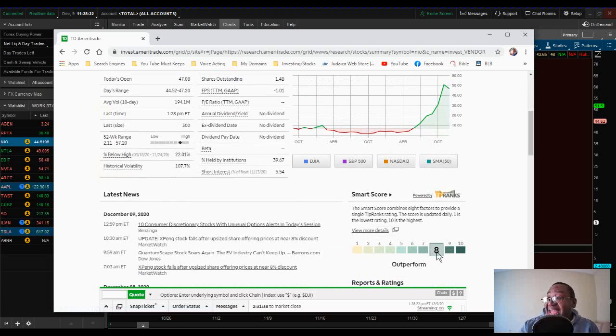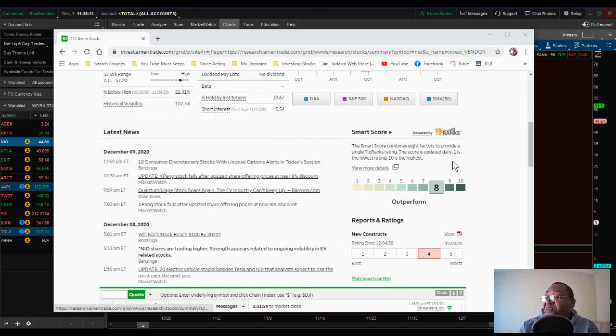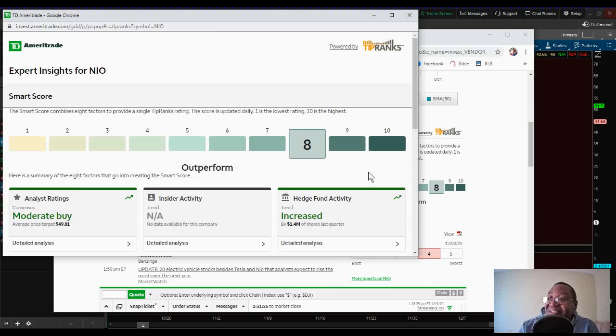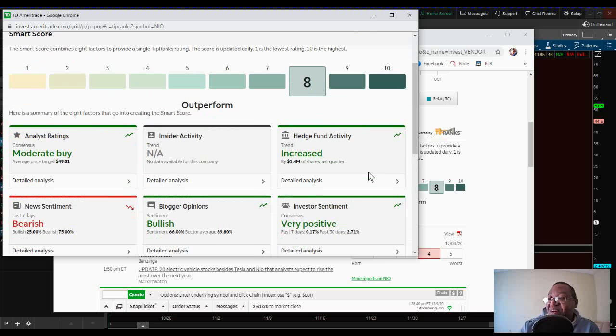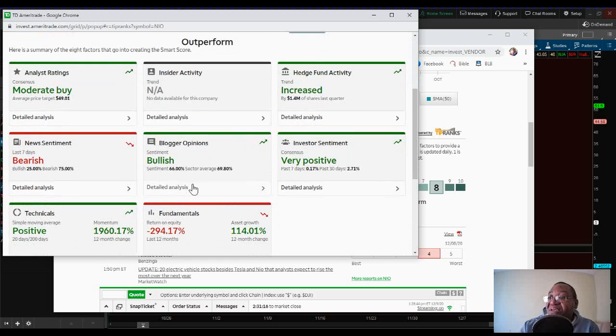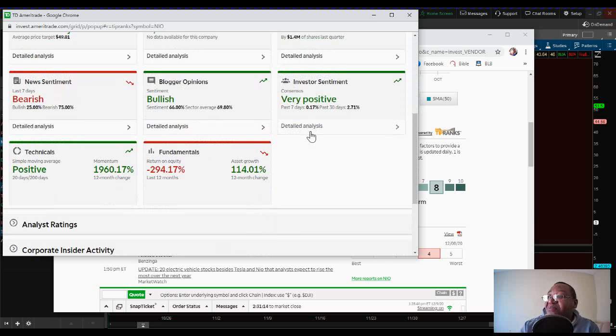At an 8, exactly where I want it to be, and it's been dipping. It has been dipping. So everything is looking perfect for jumping into NEO. Here, bullish, very positive.